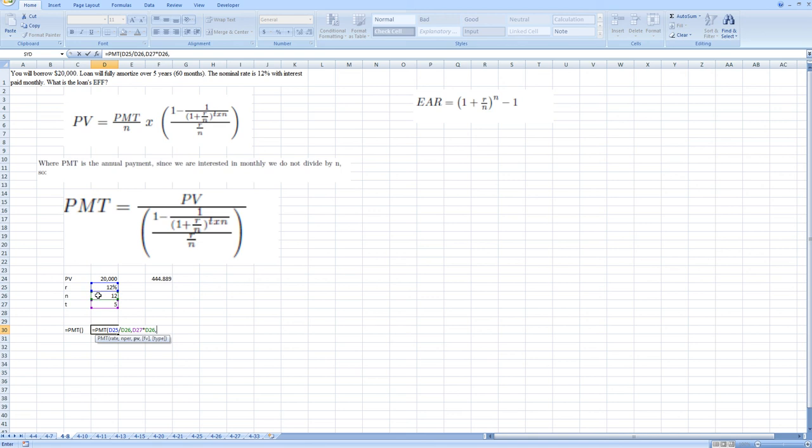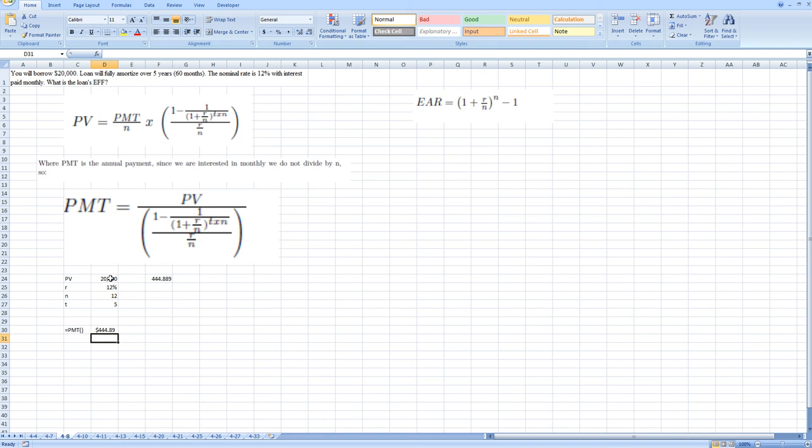The present value is the 20,000. And our future value can leave blank, and the type will leave blank by default. And so you see there that we also get $444.89.